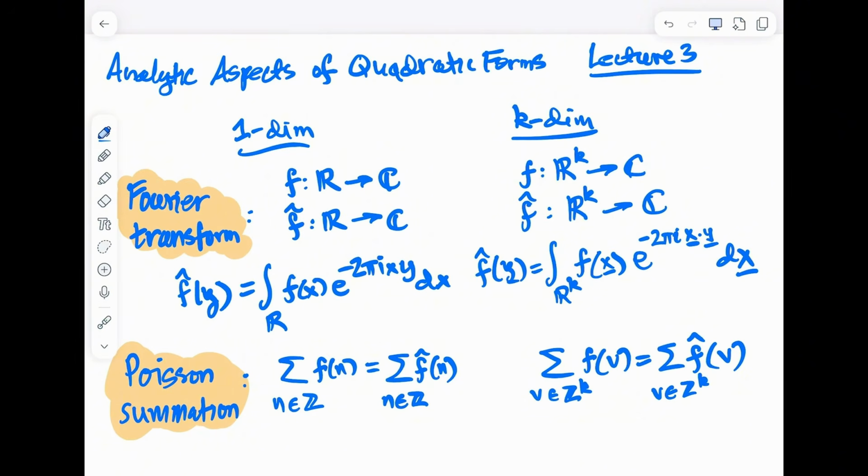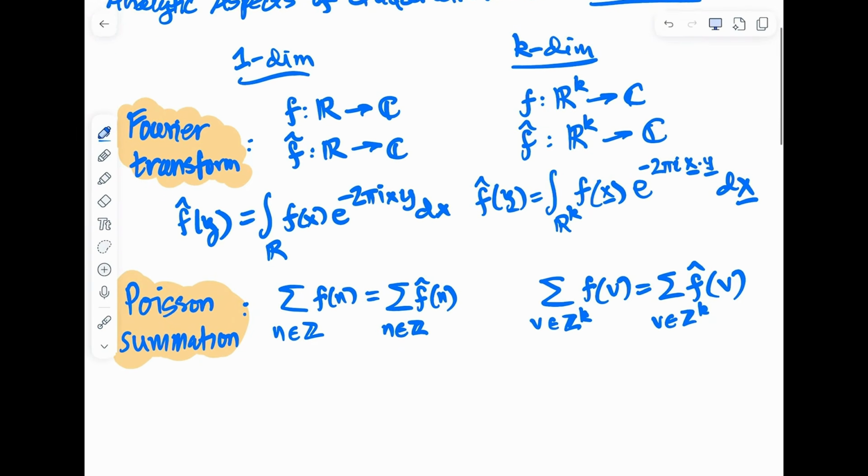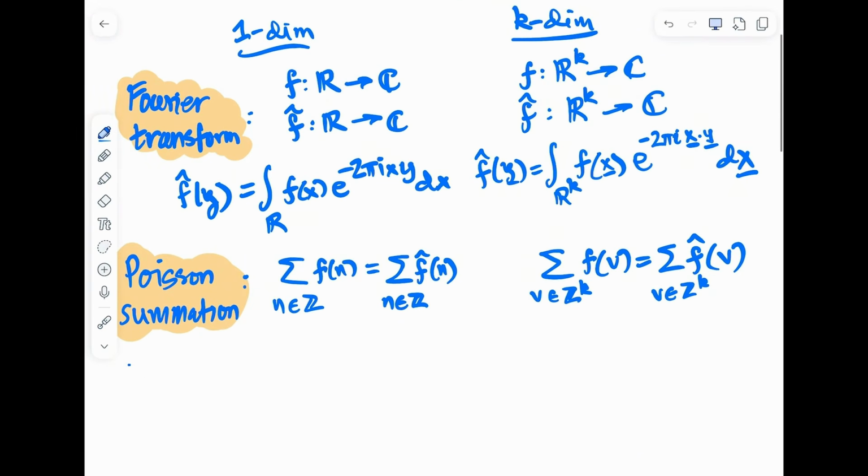Now we want to present some examples of this. If we took in one dimension, the important case for us is e to the minus pi x squared, or maybe more generally e to the minus pi x squared t, where t is positive. We were working with that yesterday.